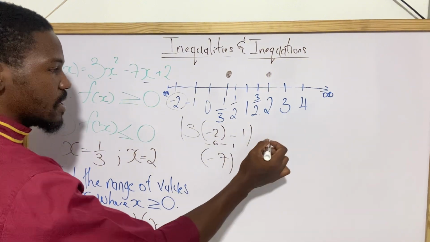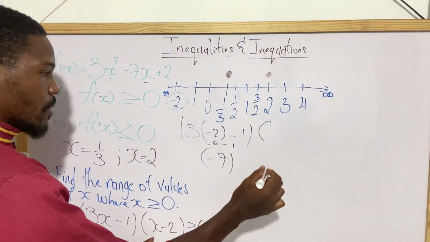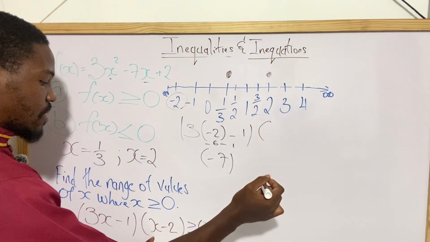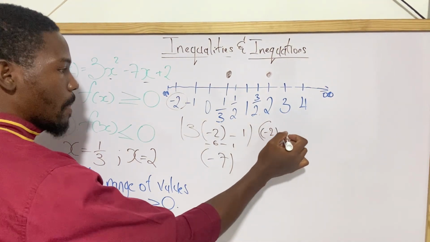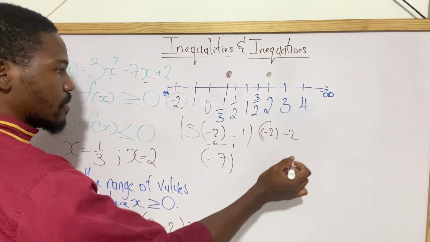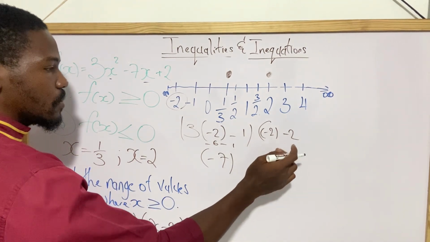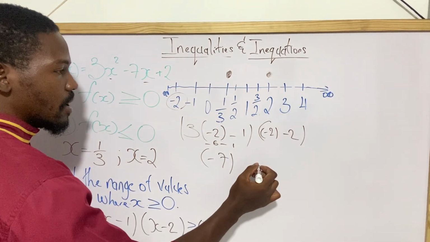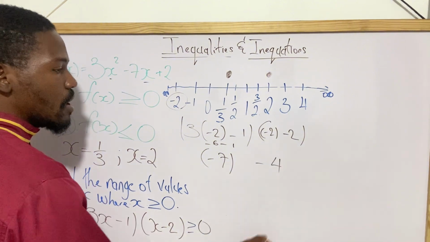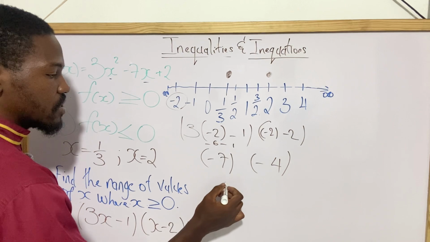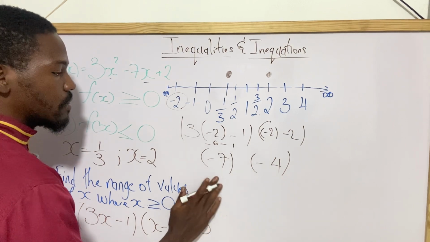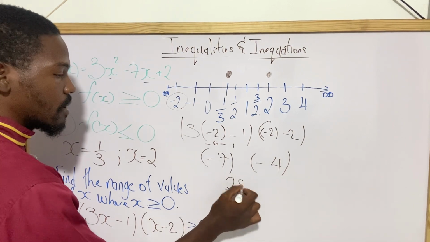So we have -7 here. Here now we have x, x right here, and will also be the -2 minus 2. So -2 minus 2 is literally going to give me -4. I will know that a negative and a negative is going to give me a positive, which is actually going to give me positive 28.